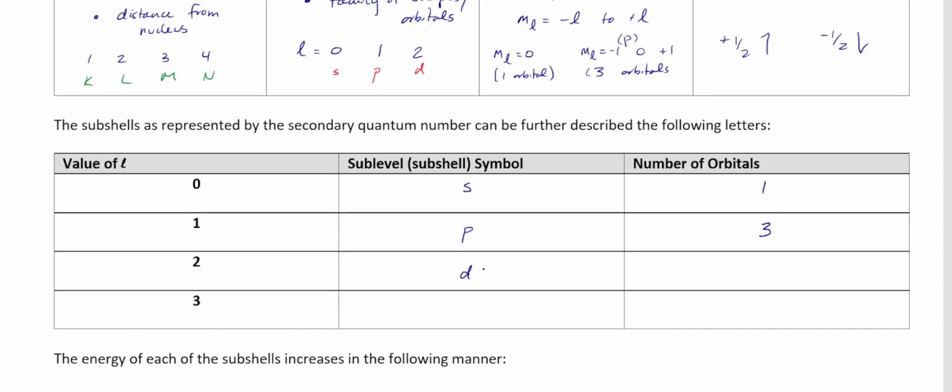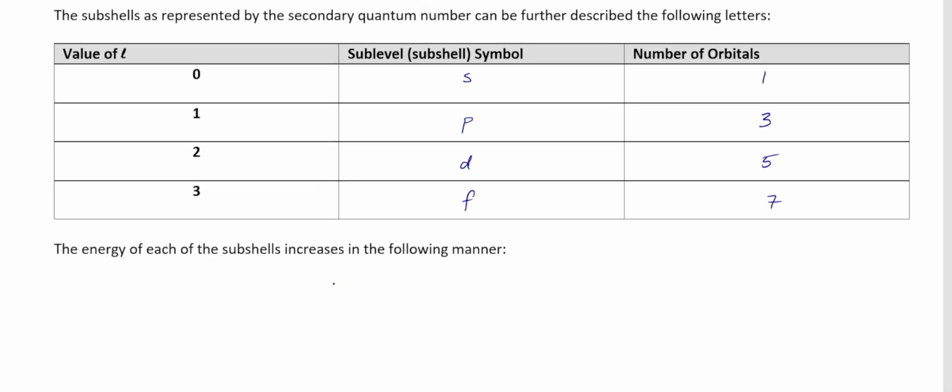D can have 5 orientations in 3D space, and therefore 5 orbitals. F can have 7 orientations in 3D space, and therefore 7 orbitals. And within these subshells, S has the lowest energy, followed by P, followed by D, followed by F, and so on and so forth. So S has the lowest energy of these subshells, whereas F has the higher energy of the subshells. So this concludes looking at quantum numbers.